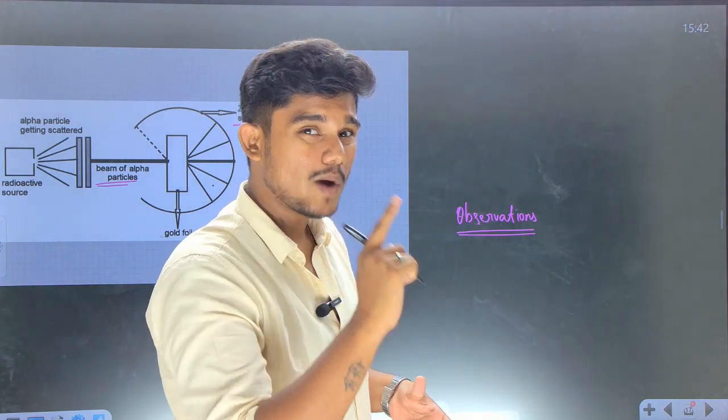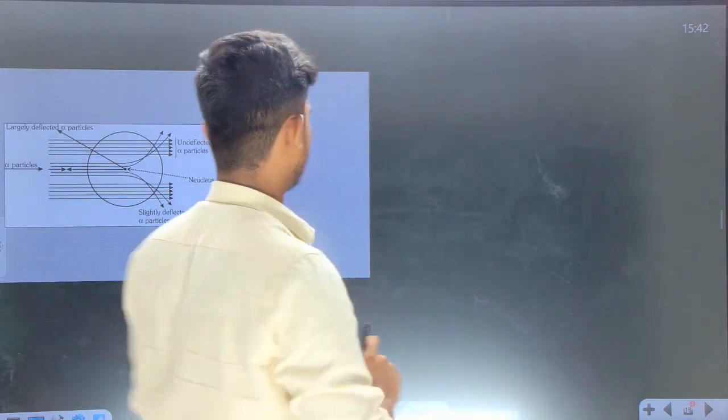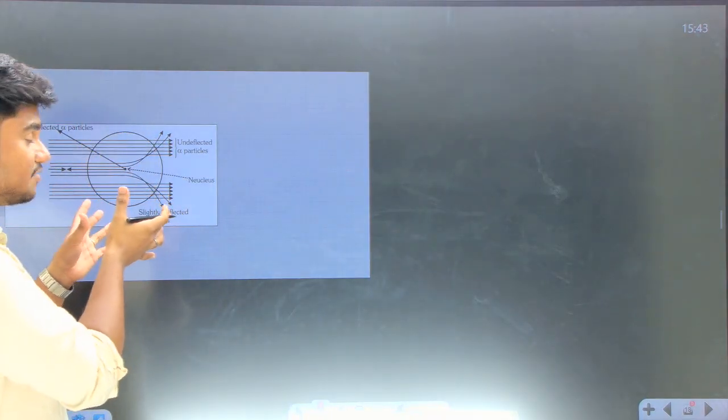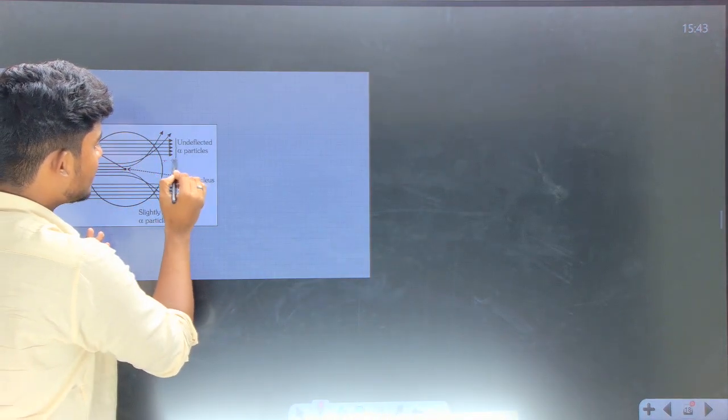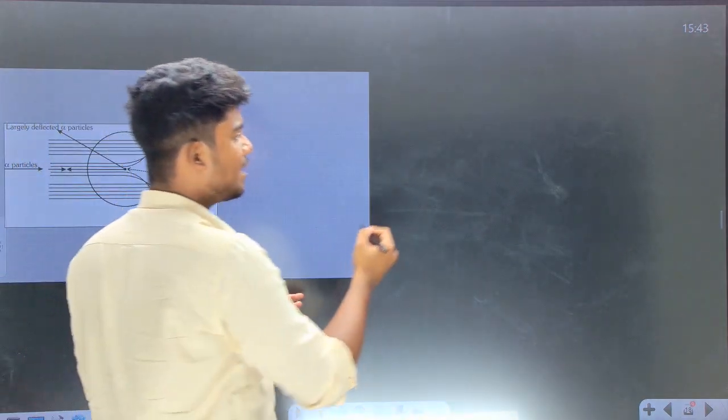Since I said it is one layer of atoms thin, let's analyze his observation through an atom. As you can see, most of the alpha ray particles are undeflected, they pass straight through.